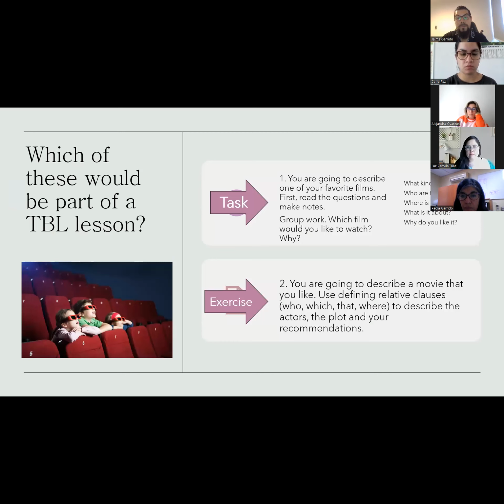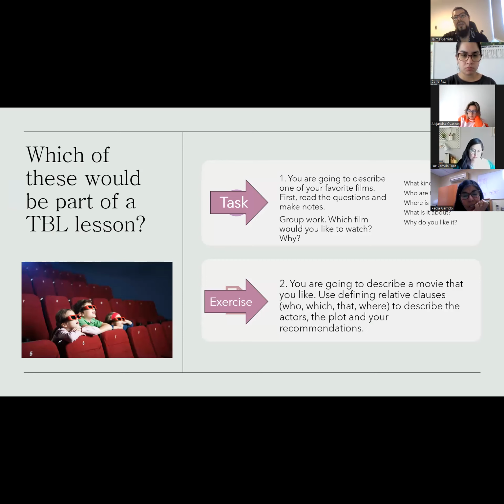So compared to what appears on number two, they still need to describe a movie, but using a certain framework. They have to use who, which, that, etc., in order to complete the exercise.